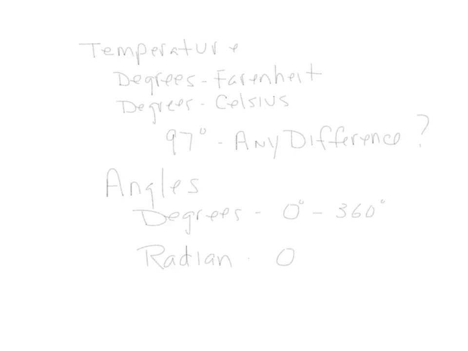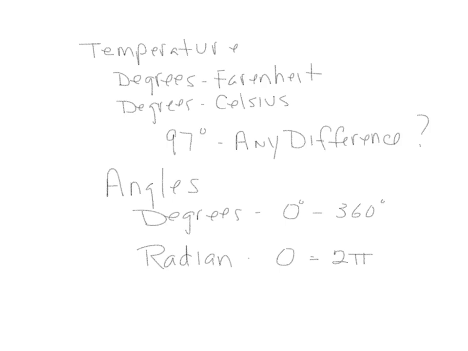Radian would start at 0 radians. If you travel one full revolution around a circle, you have gone 2 pi radians. We will begin to work with different types of radians as we continue.